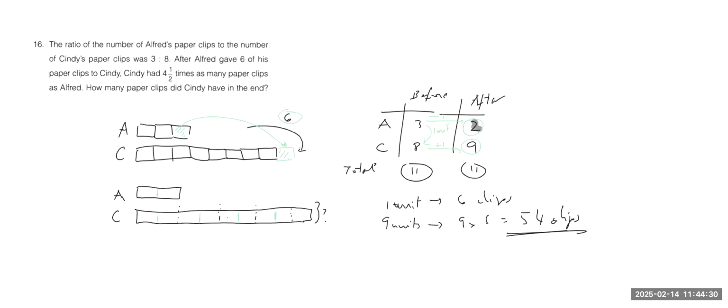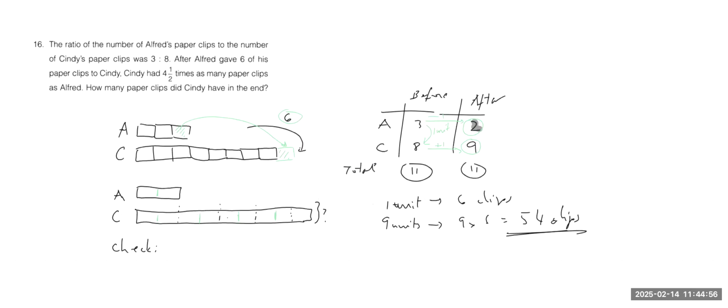And again, we could verify that by going back to the original problem and assuming that she has 54 clips and checking, is that really 4.5 times as much as Alfred would have? So let's do the check just to demonstrate how one can check if the answer they got is correct.